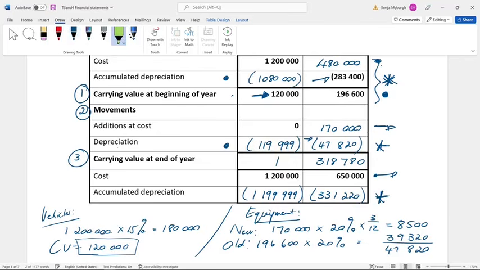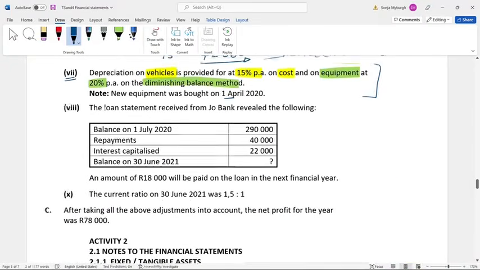Also notice carrying value at the beginning plus additions at cost minus depreciation at the end will give you carrying value at the end. That's another calculation that you can make. So the total carrying value of our assets will be the 3,187.80 plus the R1. Okay, so that's note number 3. Make sure that you understand it in grade 10. You will see it again in grade 11 and 12.